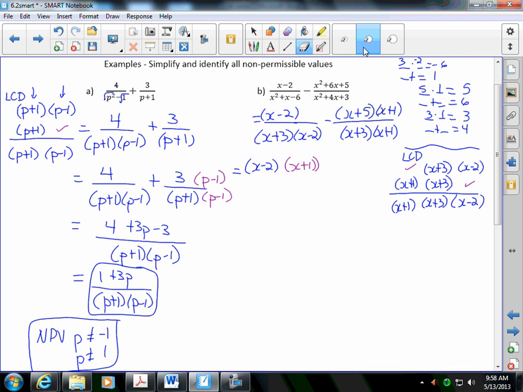So that means on the bottom I'm going to be running a little short of room here. I'll have to write smaller. X plus 1, and it already had x plus 3 times x minus 2.